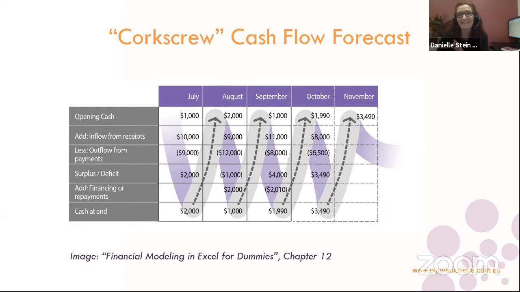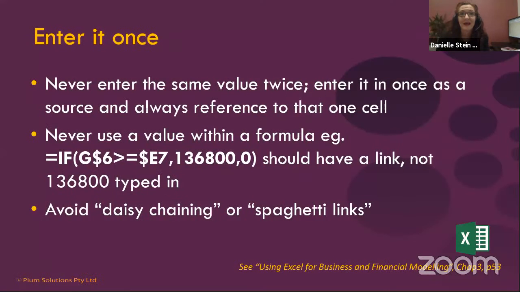So a three-way financial model. In order to do that, this is what perhaps the cash flow forecast might look like. You have your opening balance that links down to your closing balance, which links up to your opening balance, which links down to your closing balance. We call that a corkscrew cash flow. And if you don't link, it doesn't work. So it's really important that you link right throughout the model like that.